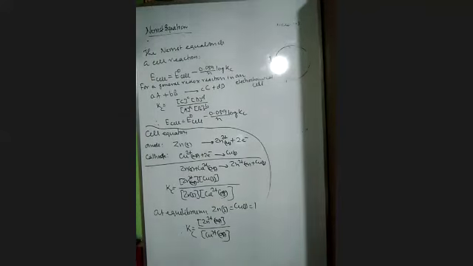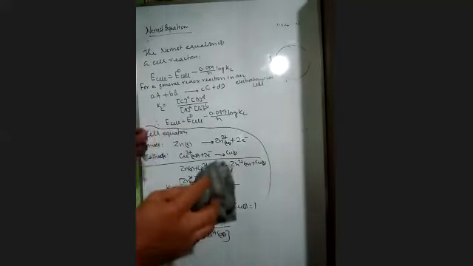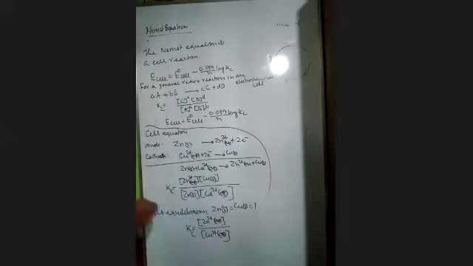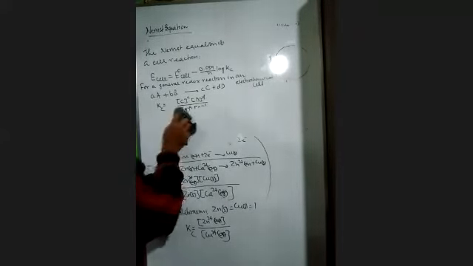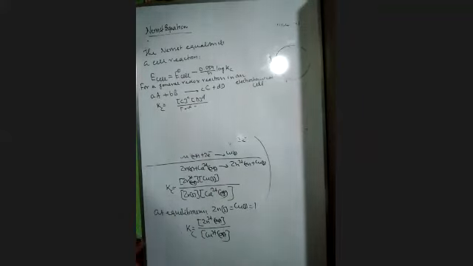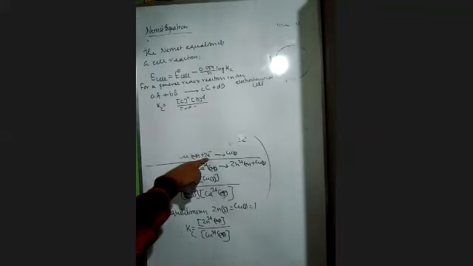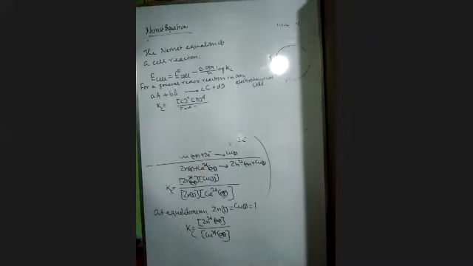Okay, now I'm going to explain it through two numericals. See here, the n that I have written is nothing but the number of moles of electrons. So in this equation, n is equal to 2.